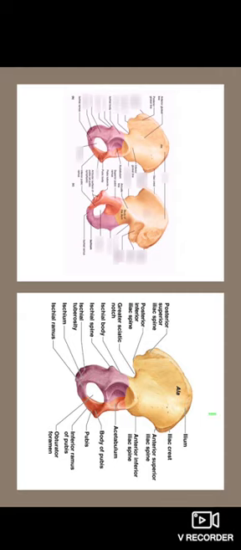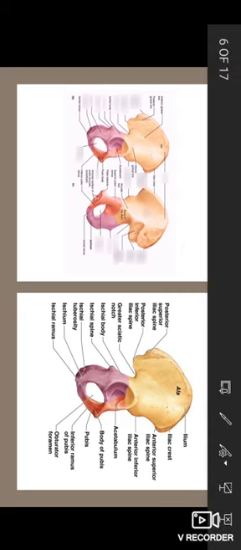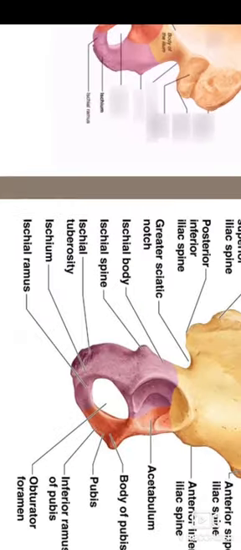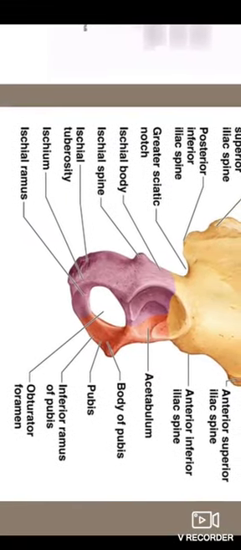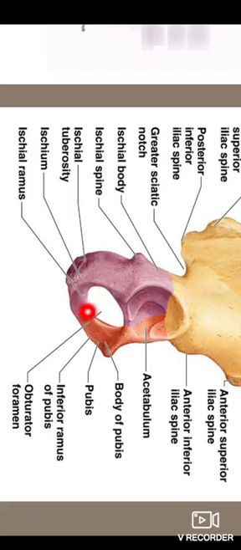Now, we will see the ischium. Here it is given in purple color. This is the ischium. Ischium consists of a tuberosity like area, that is a roughened area called ischial tuberosity.